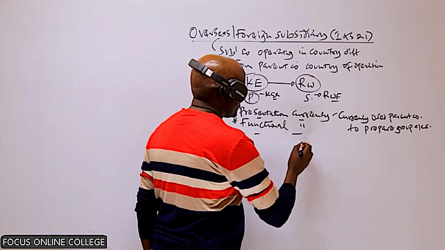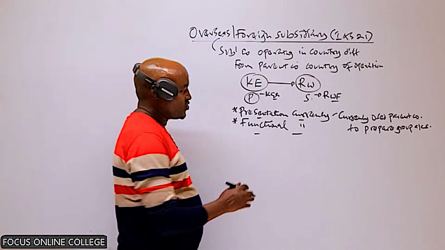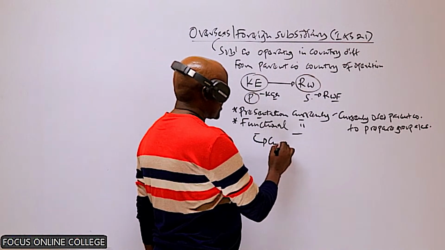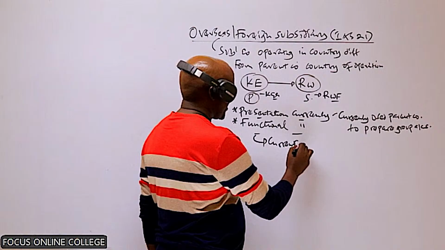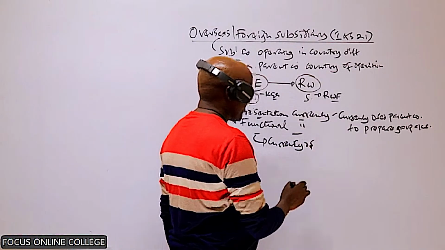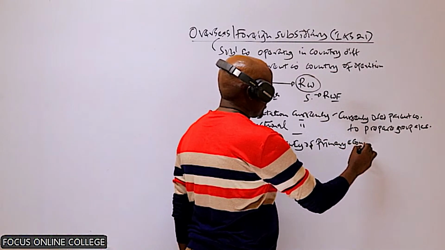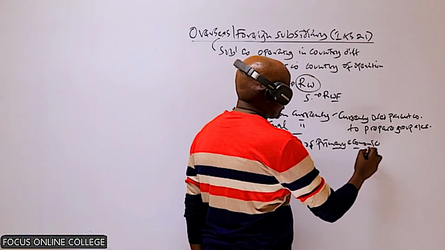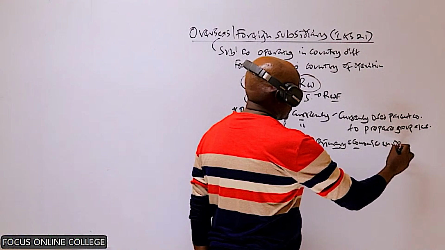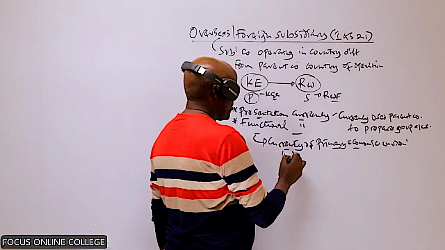On the other hand, when we talk about the functional currency, this is basically the currency of the primary economic environment in which a company operates.